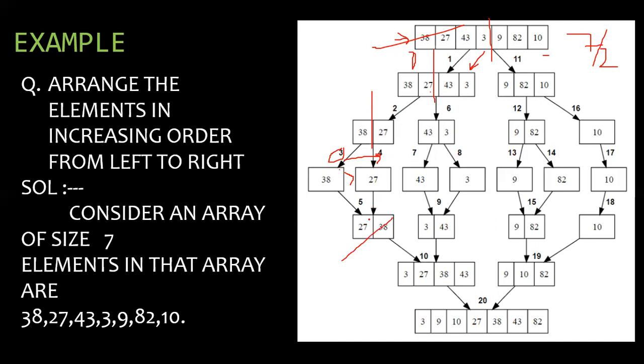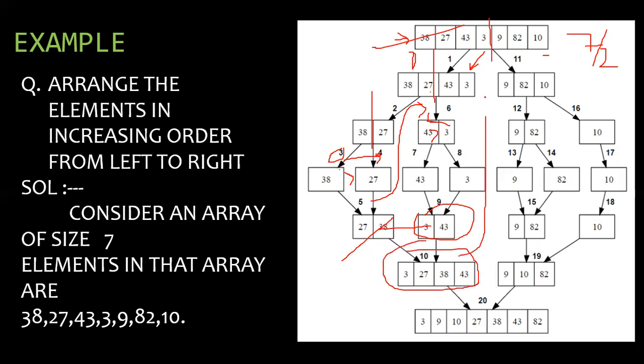Now after solving this, we'll go from here to this position. 43 is greater than 3. Therefore 3 will come at the 0th index position. And here after solving these two, we'll get this array. Now as we are combining these two arrays, we'll get this sub array.